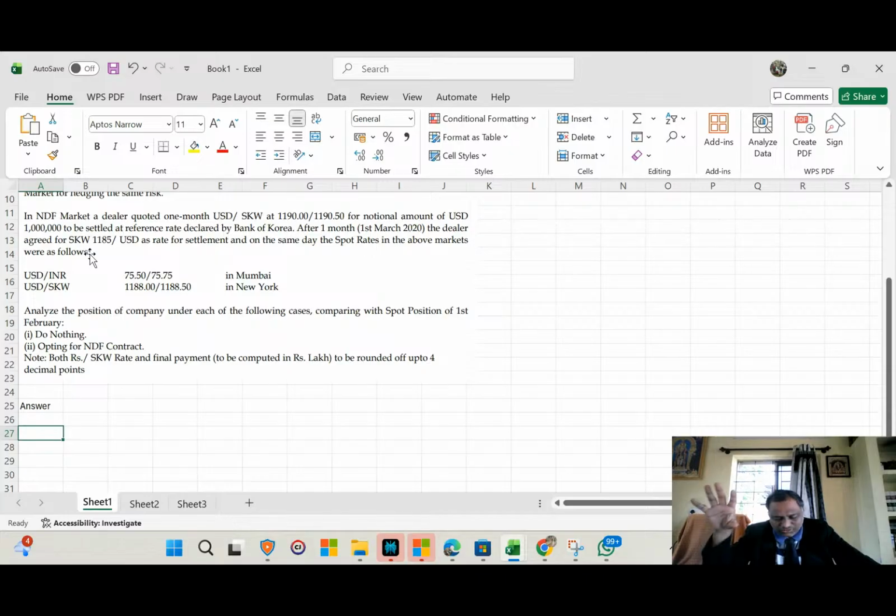If I want INR, if I sell to the bank 11,900 South Korean won, how much INR am I going to get? But here, what have they given? They have given three currencies. What are those?